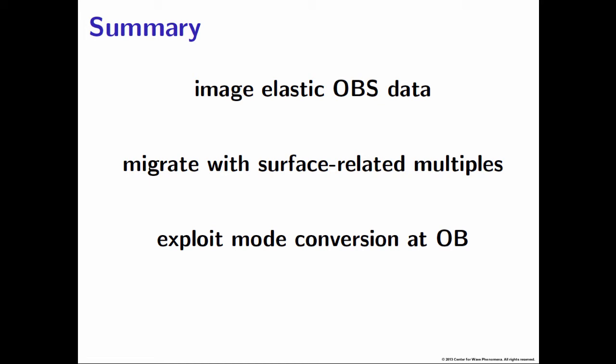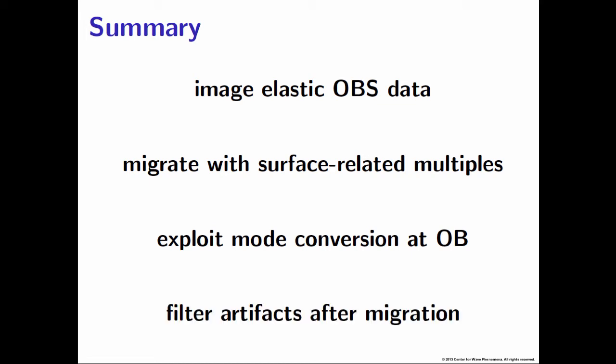In this way, we can get PP, PS, SP, and SS images at the same time. But in our image, we have many artifacts because of the fake wave modes. So we're trying to use a filter to remove those artifacts before stacking all those images over shots.